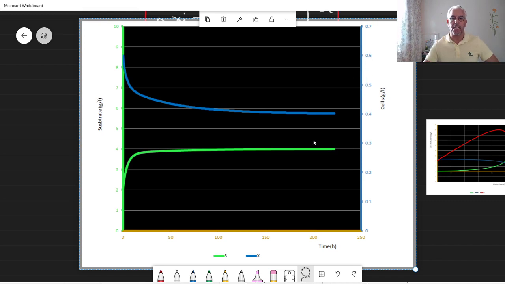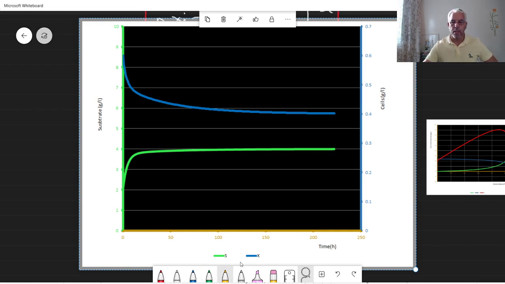We have a secondary axis just to allow showing both graphs in similar sizes. So we started at 0.6 and went all the way to 0.4, and here we started at 2 grams and went all the way to 4 grams.